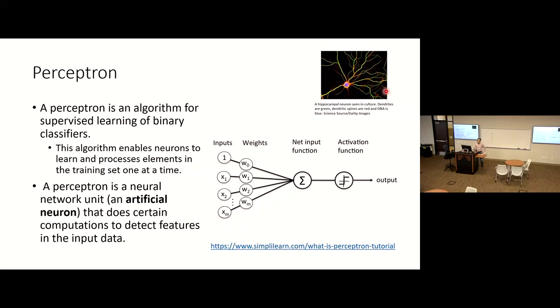You take inputs from different axons, and then aggregate the information into the neuron, and the neuron will process the signals as output, and pass this information on to the next neuron. So we are looking at the structure in the middle to see the most basic unit of this neuron as simulated in the computer.